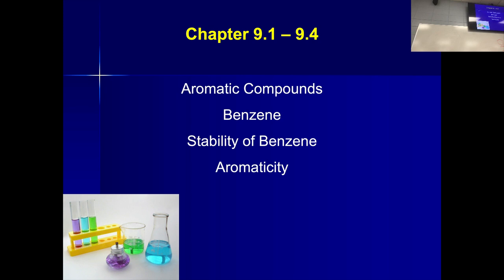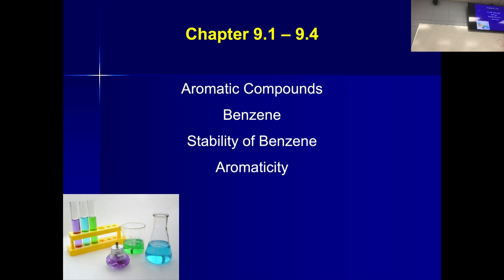What can you tell me now? It's colored, isn't it? So what does that mean? What does that simple little observation mean? Okay, so I've still got bromine around, right?